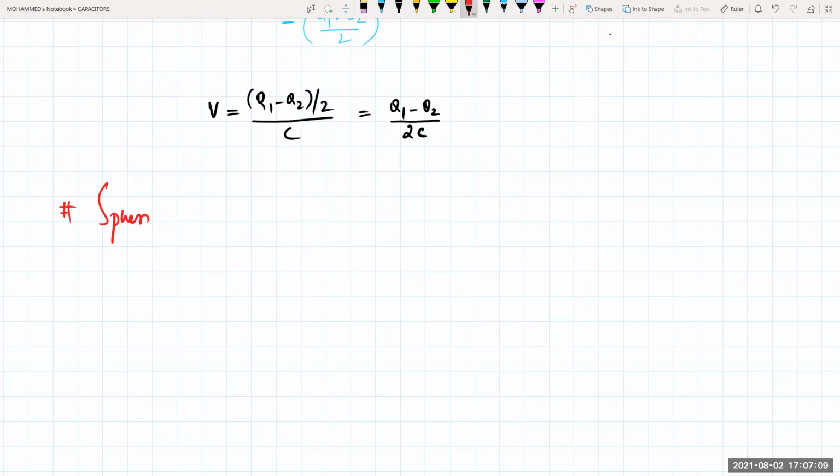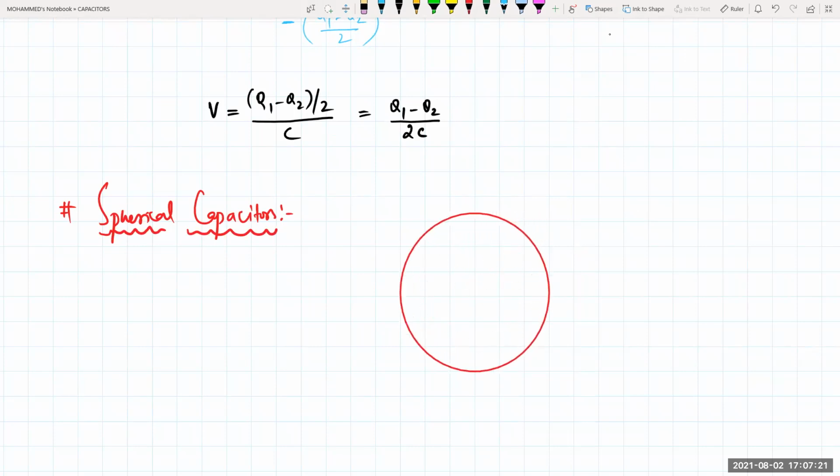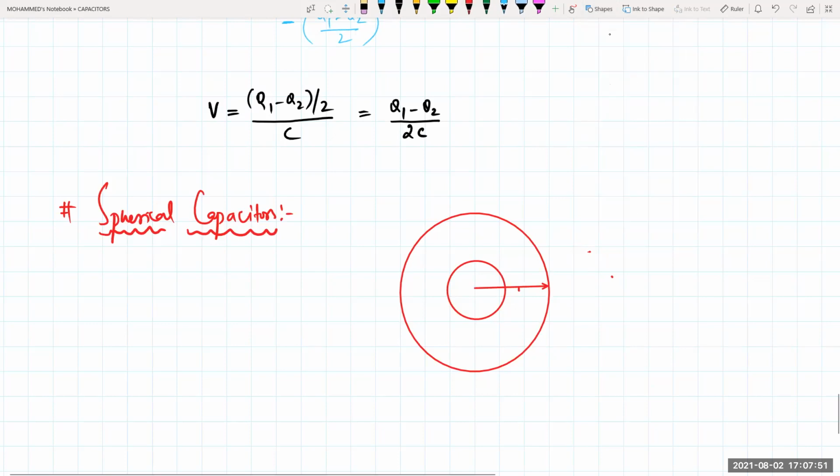Next one, spherical capacitors. This one is, for example, one sphere, and this one is another sphere. For the radii, from here to here there is one radius, and another radius is from here to here.